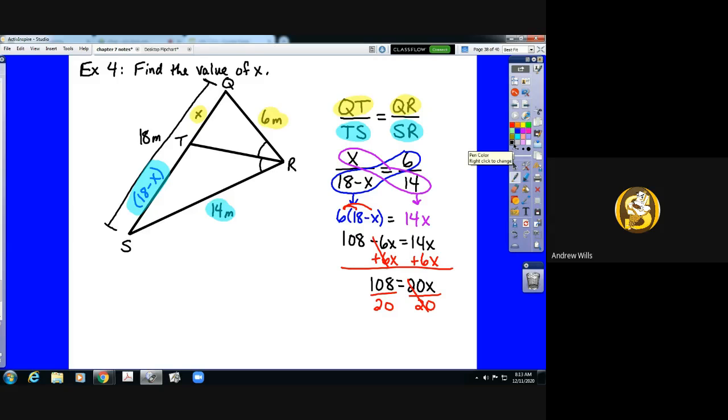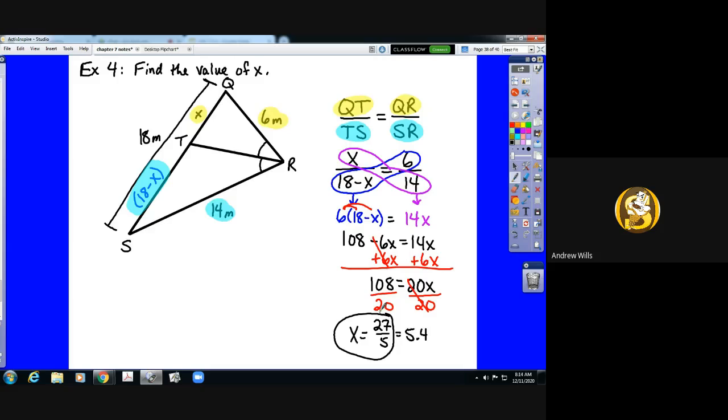That gives us that x is 27/5, or 5.4. I would prefer the fractional answer here because there's no decimal anywhere in the problem, which means we should not be giving a decimal answer.